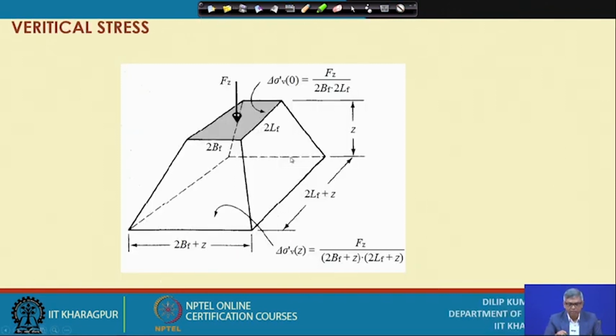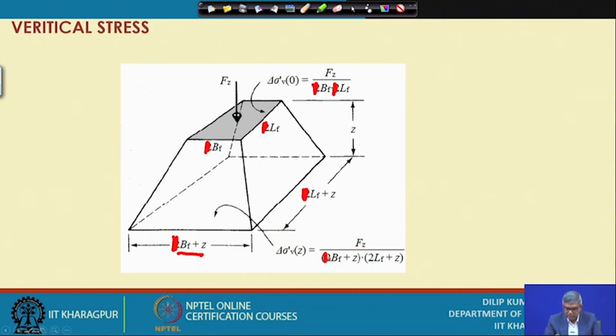This is the one in three dimensions that we try to show here. Sometimes people take the length as 2L and 2B. At the surface, the stress is the force F divided by B multiplied by L. At this depth, if it is B, then it will become B plus Z, and this one will become L plus Z. So the width at this depth will be B plus Z, and the length L plus Z. So what will be the pressure at this depth?